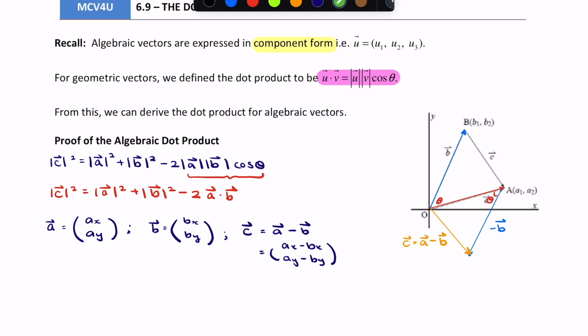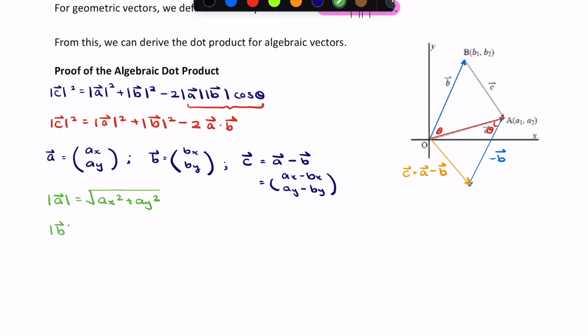Here, we're trying to find the magnitude of vector a, and that'll be equal to the square root of the a value of x squared plus the a value of y squared.